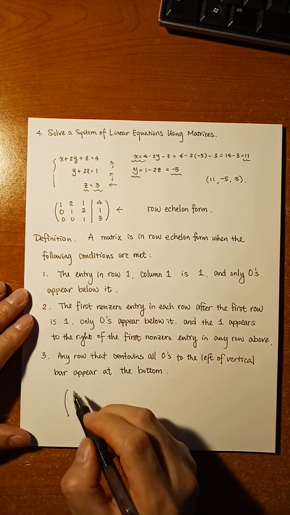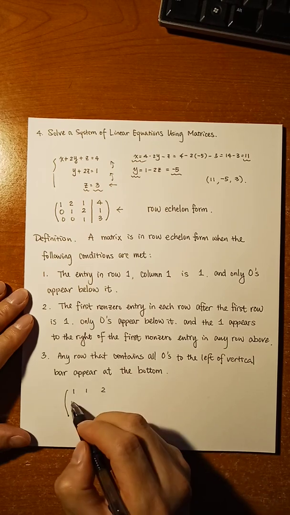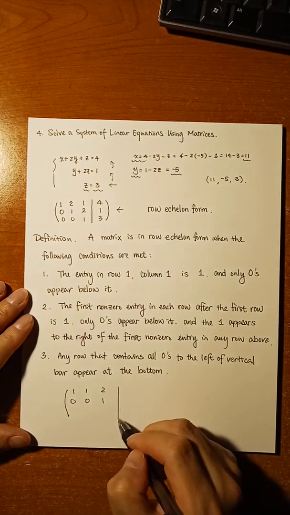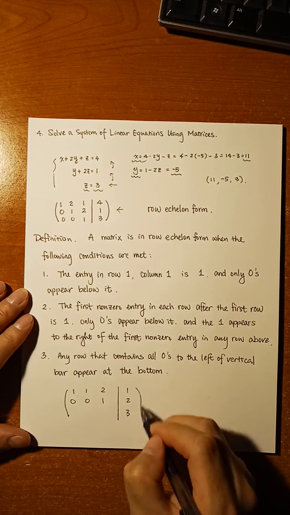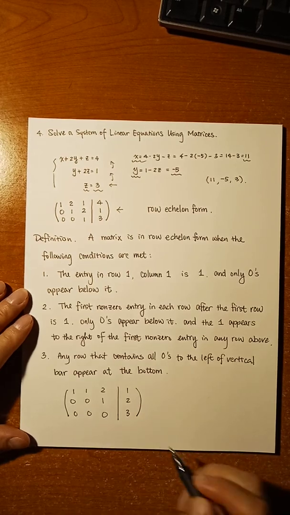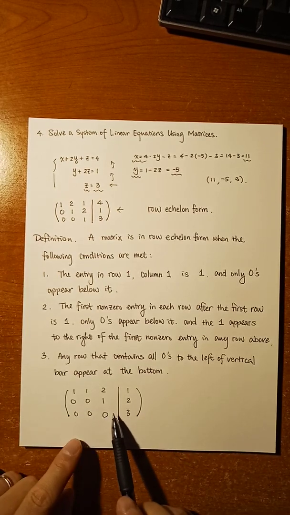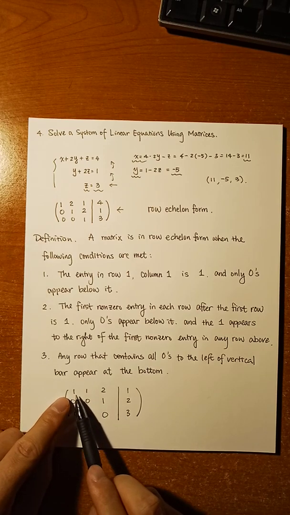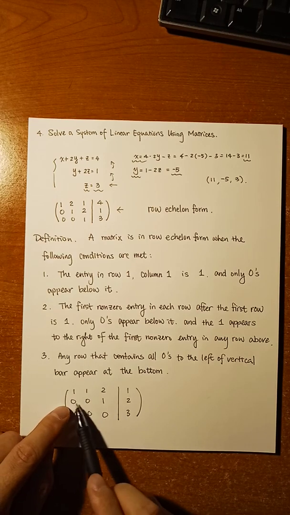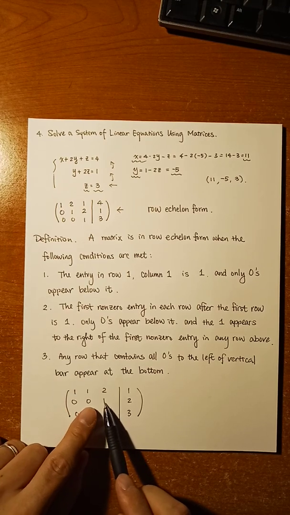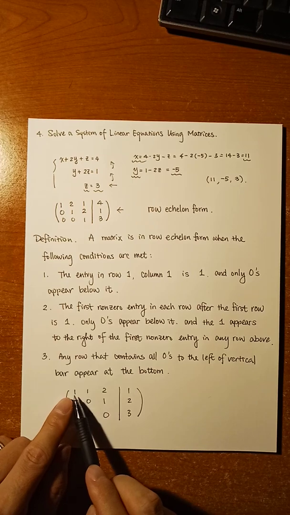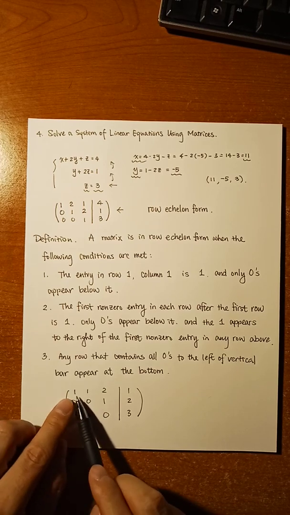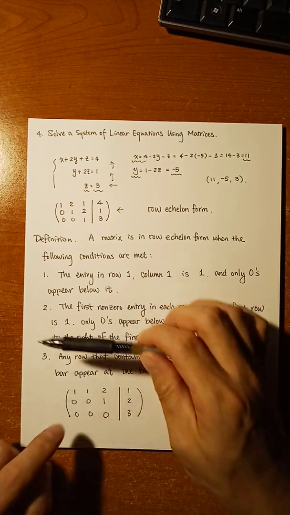You see here, it could be like this: 1, 1, 2, 0, 0, 1. Let's put 1, 2, 3, and 0, 0, 0. So this is also an echelon form, which means the 1,1 position is a 1, and in this row the first non-zero entry is on the right of the first non-zero entry in any row above.